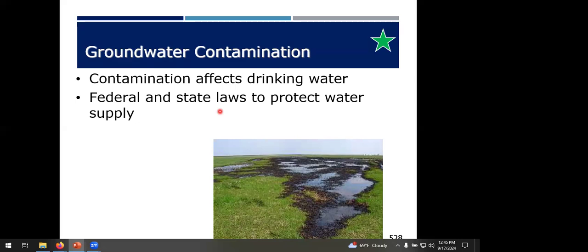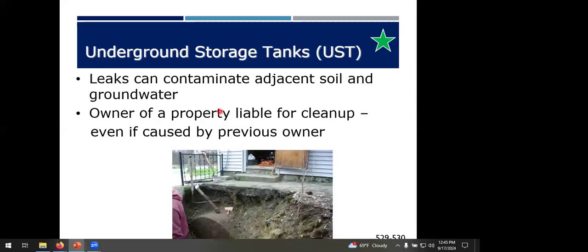Another environmental issue, here's our underground storage tanks. Underground storage tanks, the old tanks, especially the abandoned tanks. Usually they're steel, and over time, those steel tanks corrode.